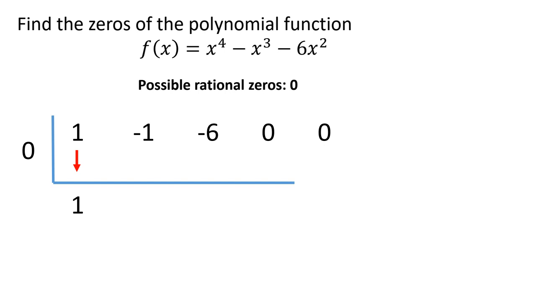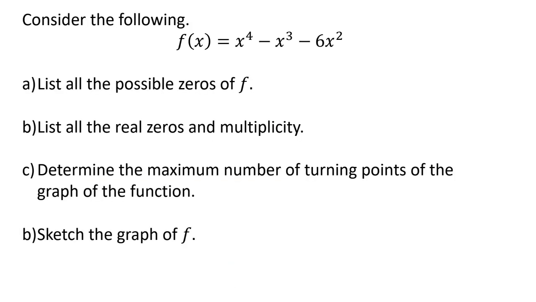So notice here that I don't have a constant, right? So let me go a step back. Let me get my pen really quick. So if you're using the rational zero test, remember we're going to use P over Q. So the factors of my constant, well, there's no constant, right?